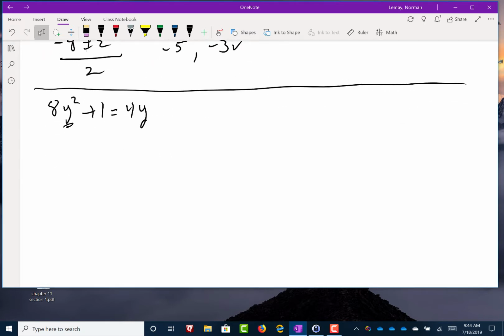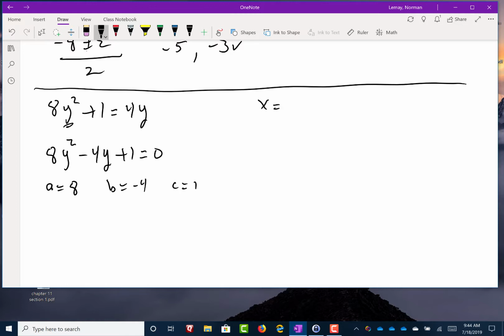The only thing we have to do is subtract 4y from both sides, so 8y squared minus 4y plus 1 equals 0. So now we have it in the form of ax squared plus bx plus c. We can observe that a equals 8, b equals negative 4, and c equals 1.